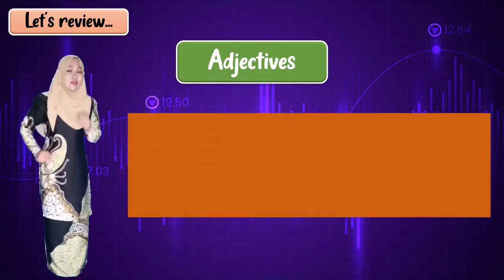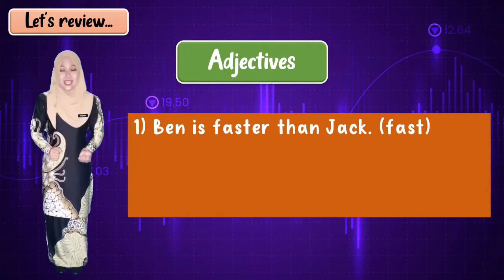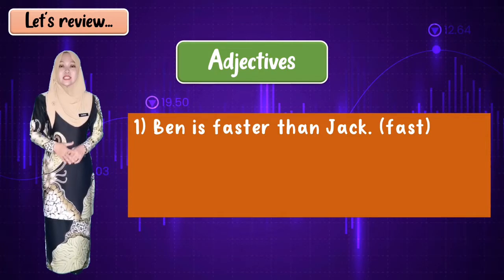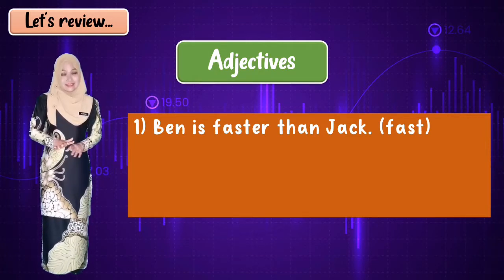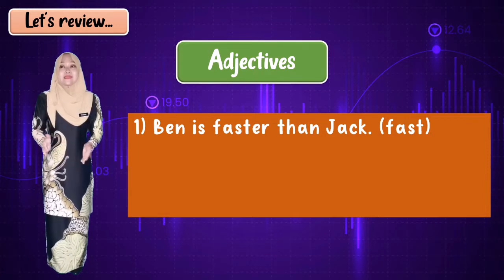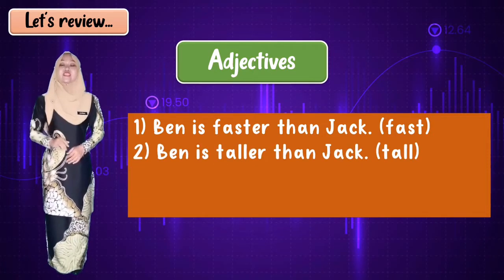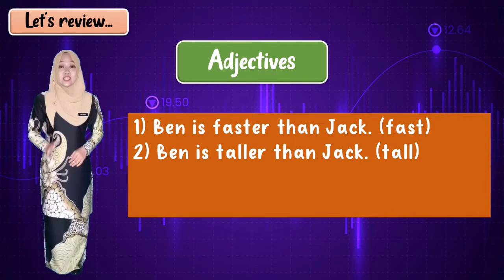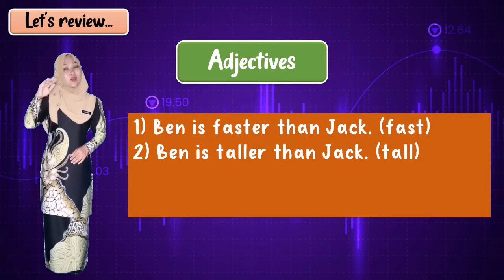Ben is faster than Jack. Faster is the comparative adjective for fast. Next, Ben is taller than Jack. Taller is the comparative adjective of tall.